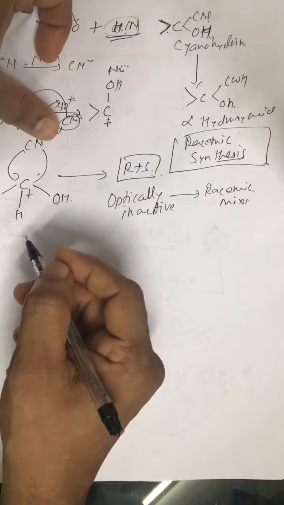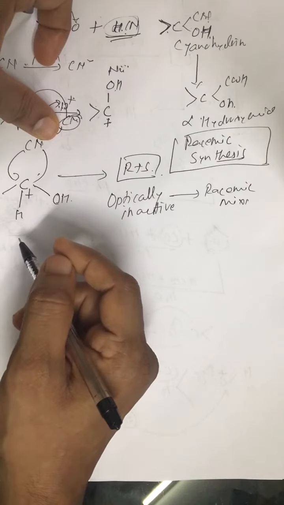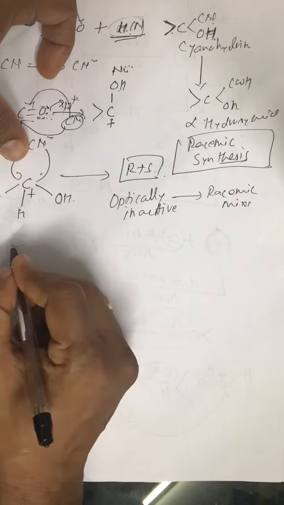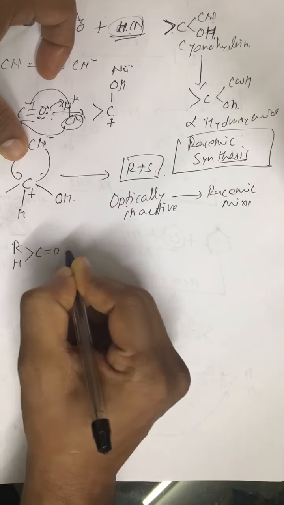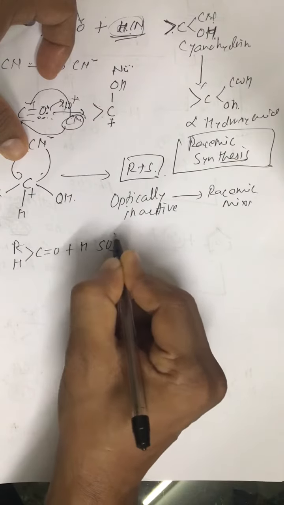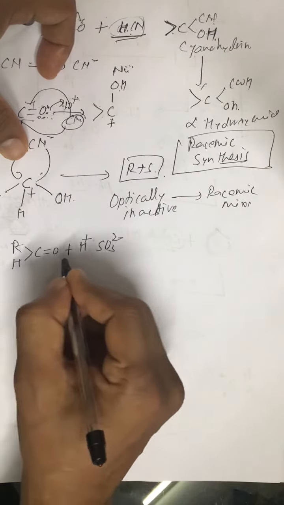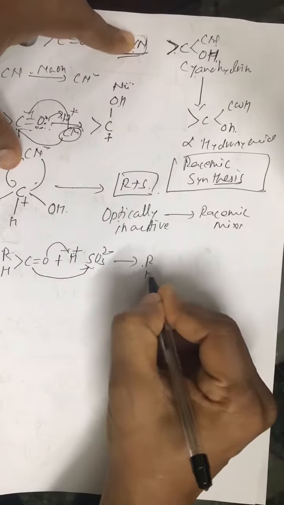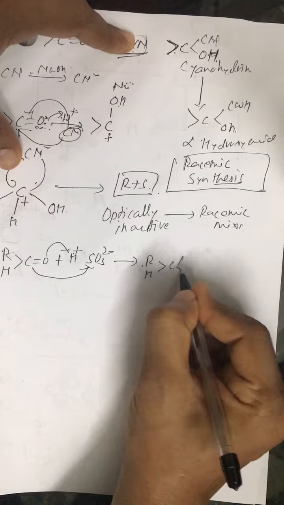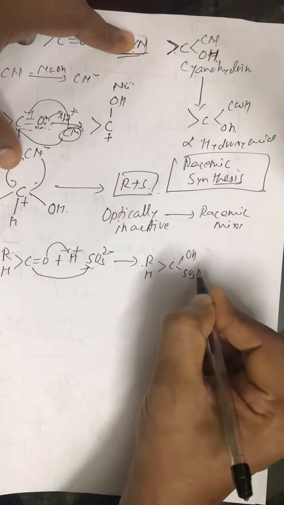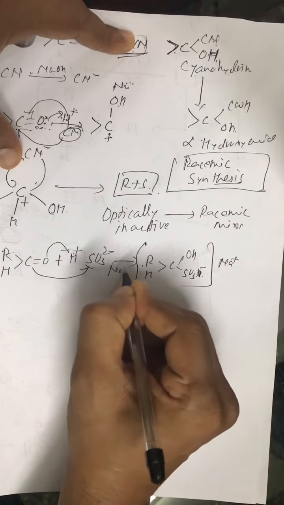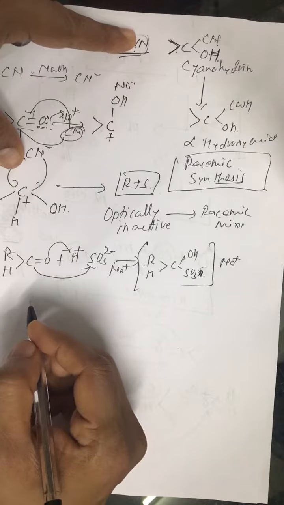Then the aldehyde group with NaHSO3. Again, this is a nucleophilic attack, and we get R, H, OH and SO3 negative with sodium. NaHSO3 is sodium bisulfite.